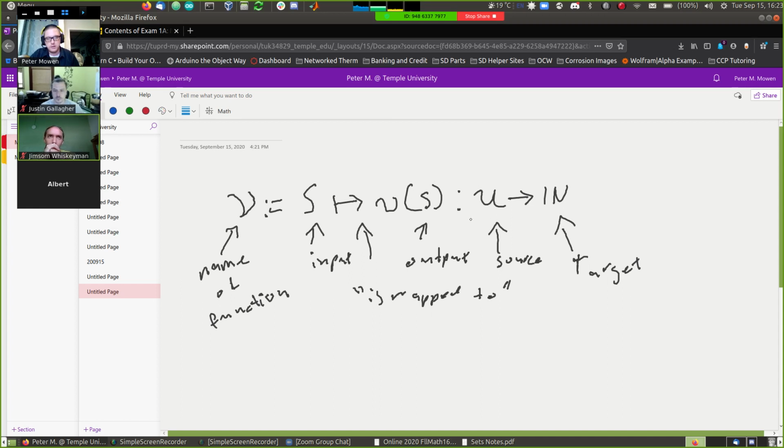The source set is our whole universe, because S is some element in the universe, and it maps it to the number of things in that set, which is a natural number. The arrow here is the function mapping, or the relation mapping.